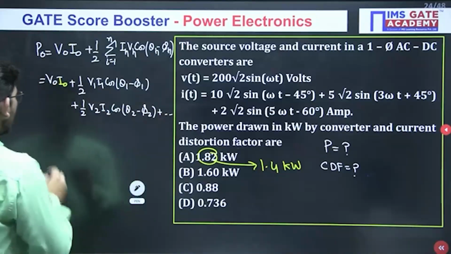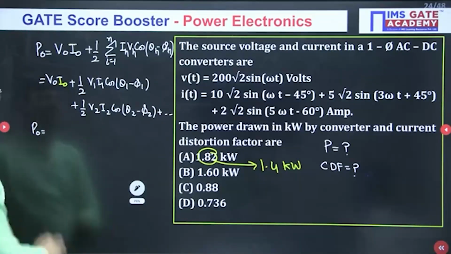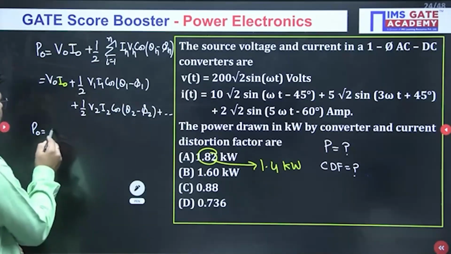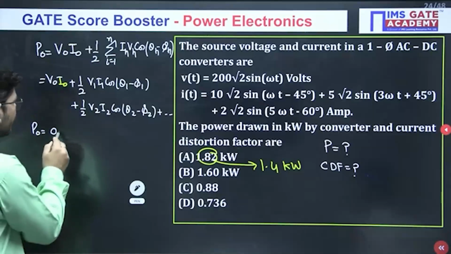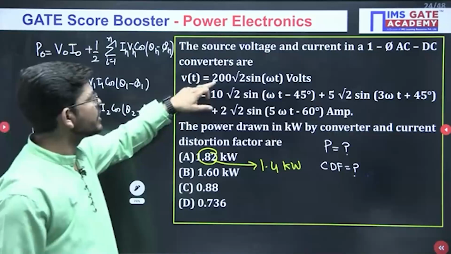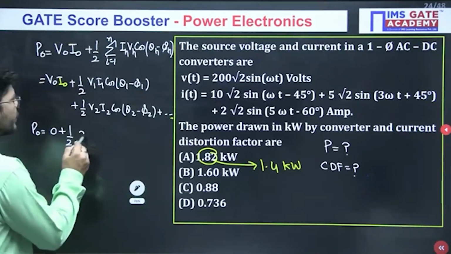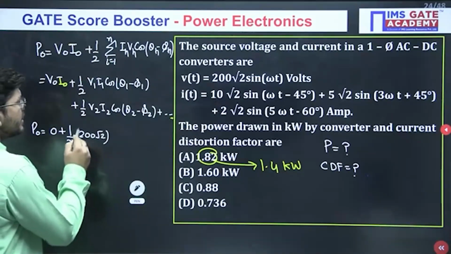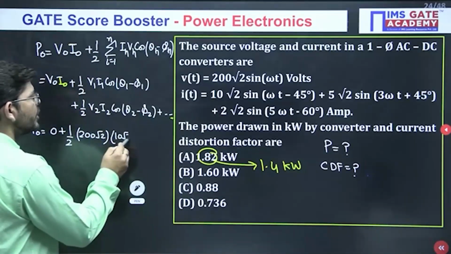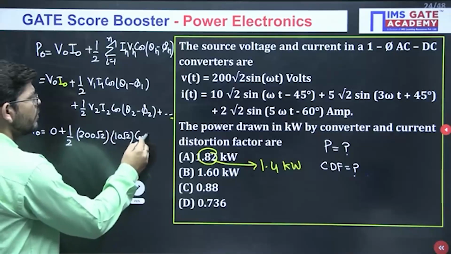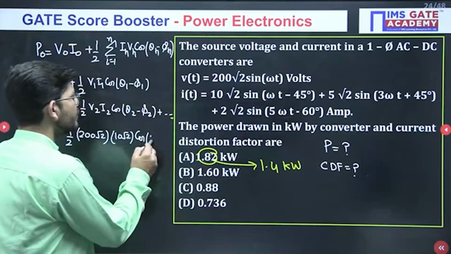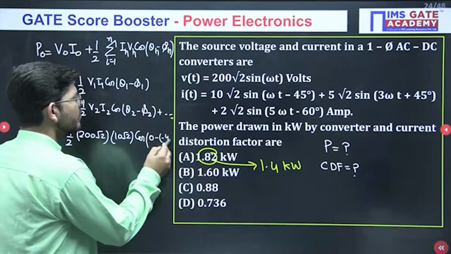Now if we put the values here, do we have any DC component voltage and current? No. So the corresponding share will be 0, plus half of V1, the fundamental maximum voltage, which is 200 root 2 here. Similarly, I1 is 10 root 2, the fundamental frequency component of current, into cos of the angle between them. The voltage has an angle of 0 and the current has an angle of minus 45, so it will be 0 minus 45.